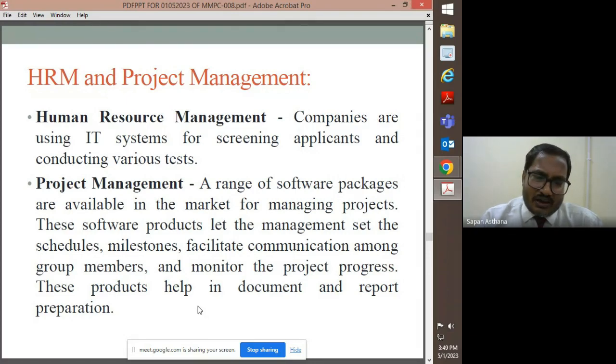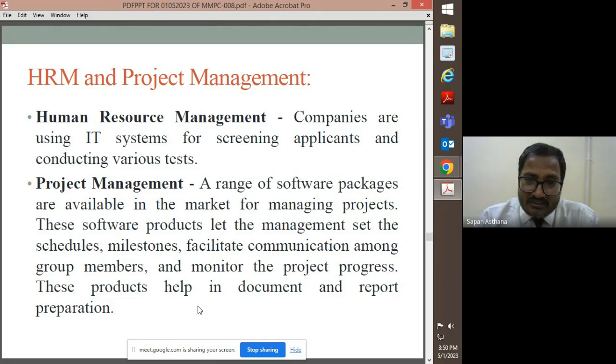When you leave your campus, you put the biometric. Means your entry, your exit, and whenever you visit outside from your campus, you give your biometric. Means all the data related to human resource management is also tracked and monitored by information technology.